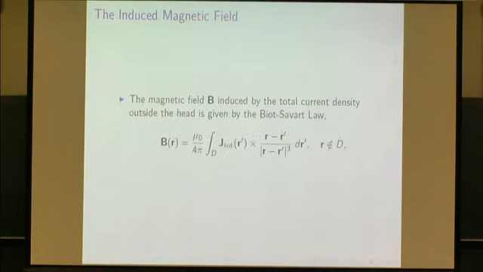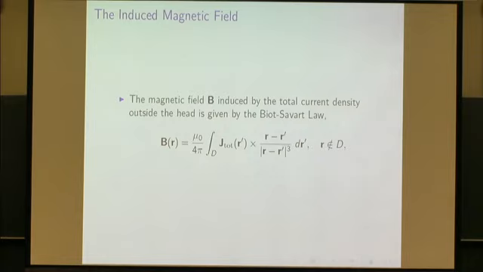Then we use the Biot-Savart law, saying that the magnetic field generated by the total current, assuming that the magnetic permeability is constant, which is a good approximation in biological tissue, is obtained by this integral, where r is the field point which is outside the head, and r prime is the source point inside the head. This J total is the source for the magnetic field.